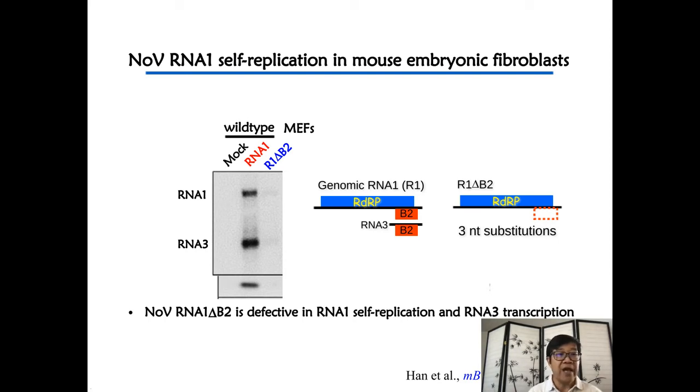We find that wild-type cells support efficient self-replication of viral genomic RNA1 and the subsequent transcription of the subgenomic RNA3. However, both RNA1 and RNA3 were barely detectable following self-replication of delta B2 mutant RNA1, indicating an essential role for B2 in viral RNA accumulation.